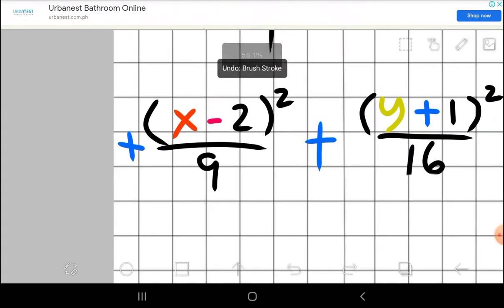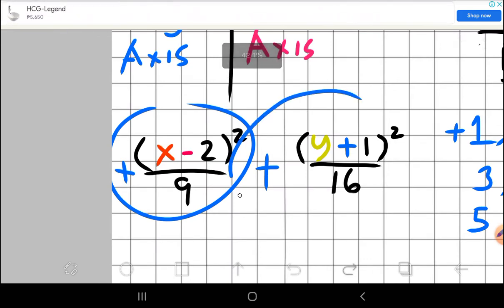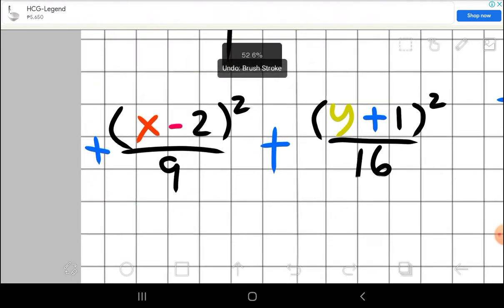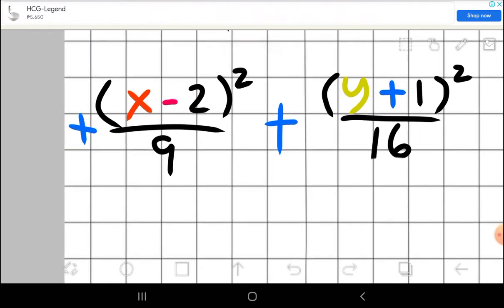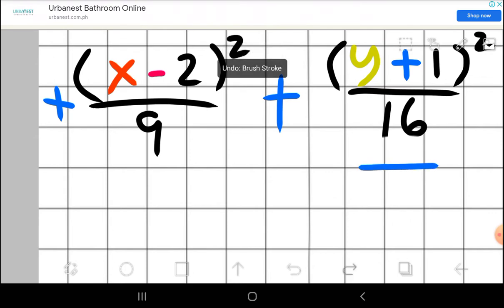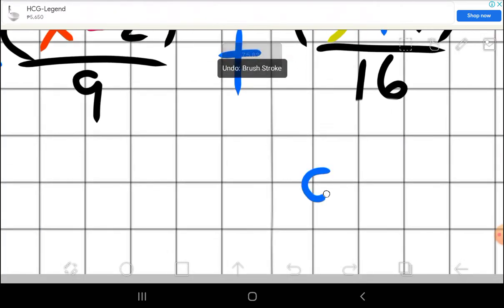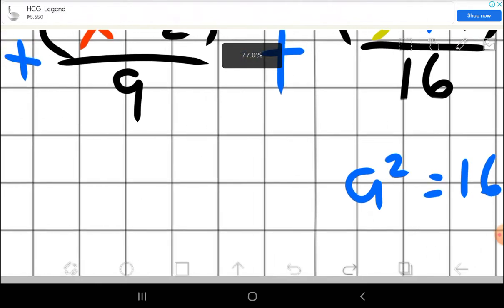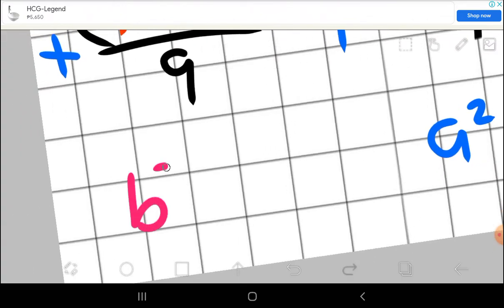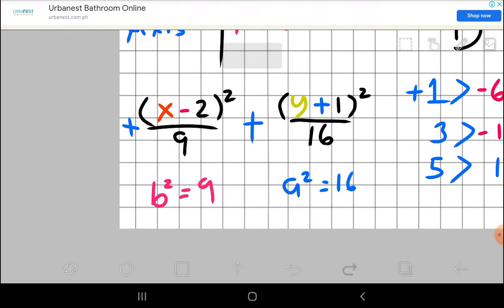So this is positive and this is positive. When they are both positive, now you will consider which is the highest denominator. So which is the highest denominator? That's right, it's 16. So a squared will be 16, and b squared will be 9. That's how you find a squared and b squared.